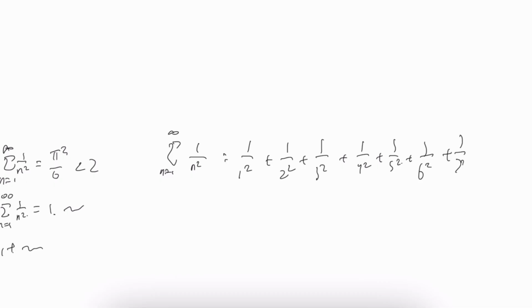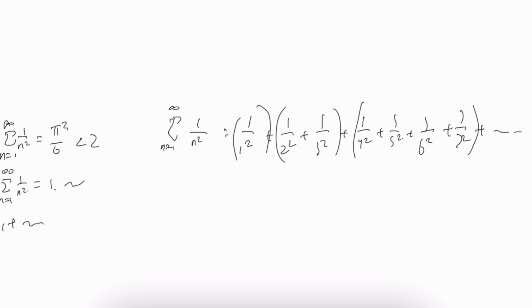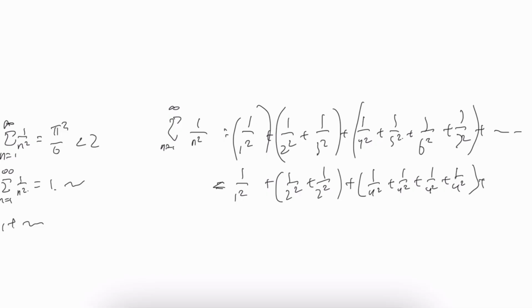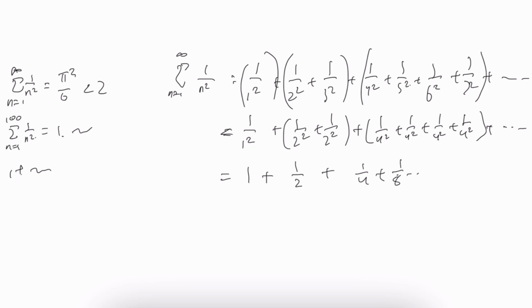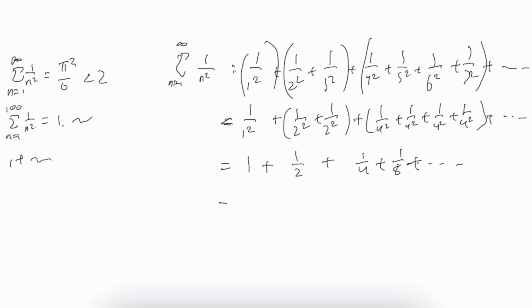Right, we can group them like this, and this will be less than 1 over 1 squared plus 1 over 2 squared plus 1 over 2 squared plus 1 over 4 squared plus 1 over 4 squared, which is equal to 1 plus 1/2 plus 1/4 plus, eventually 1/8, and so on, and this is equal to 2.